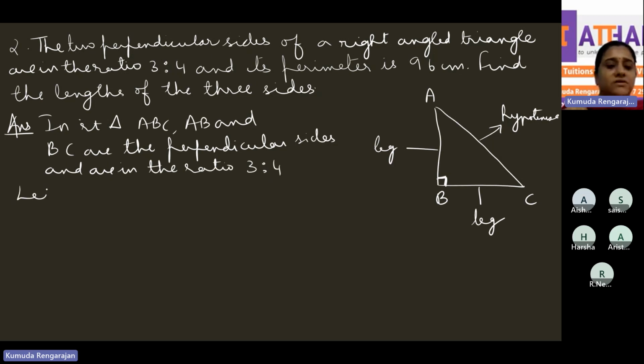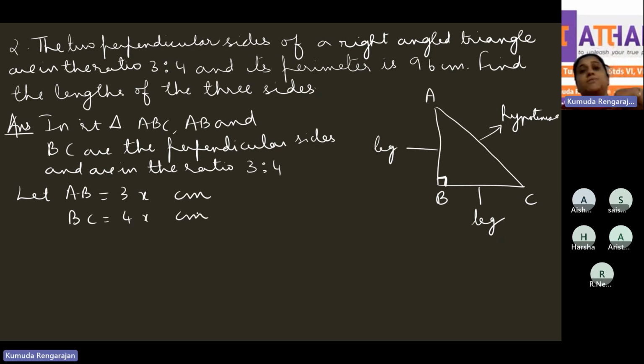So we'll say let AB be 3x centimeters and BC be 4x centimeters. Now we need to apply Pythagoras theorem and find AC.